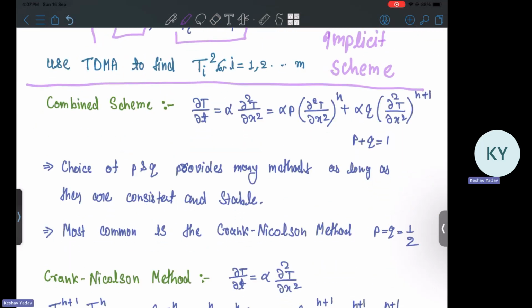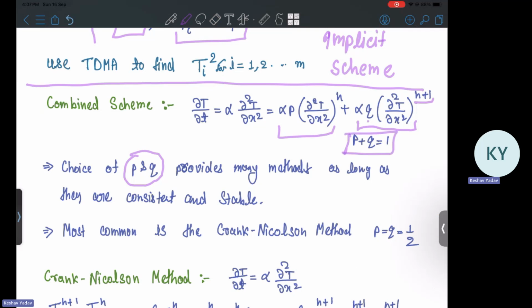Now we can do the combined scheme, which means we can use the combination of explicit and implicit, as p multiplied by del 2T upon del x square at nth plus q multiplied by del 2T upon del x square at n plus 1th level. So we have a choice of p and q such that p plus q equals 1.